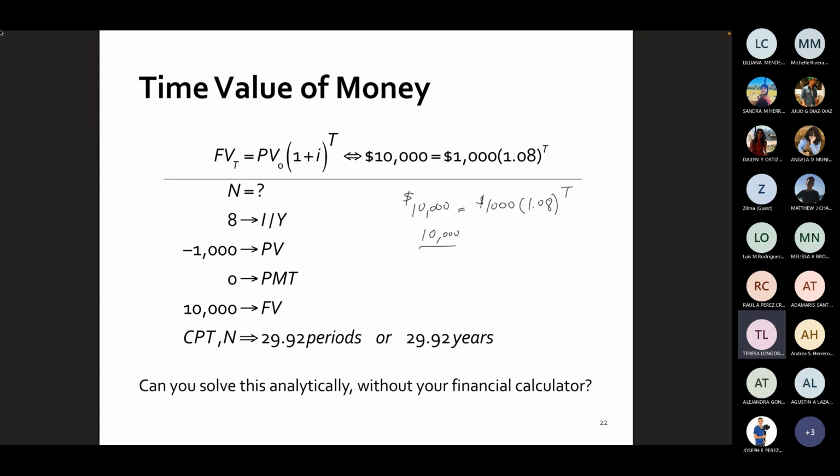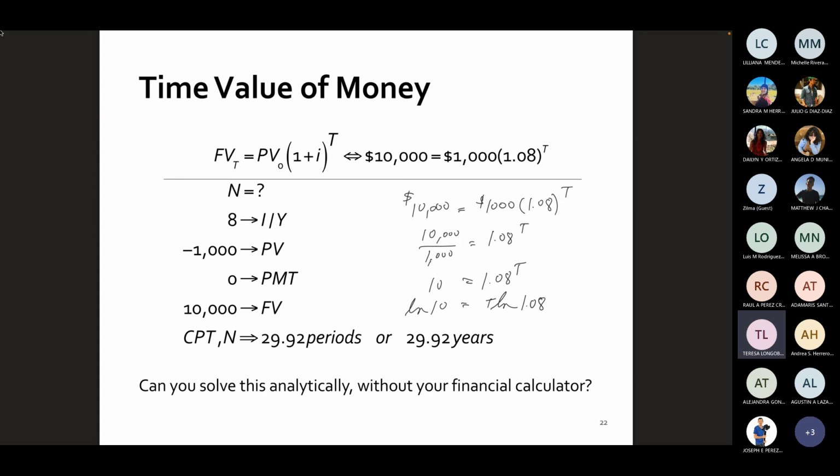Well, I'll just show the steps. So this would be 10. And then to simplify an exponent, if you remember, you have to take the natural log of both sides. And because the natural log and the exponential function kind of cancel each other out, I'm left with this.